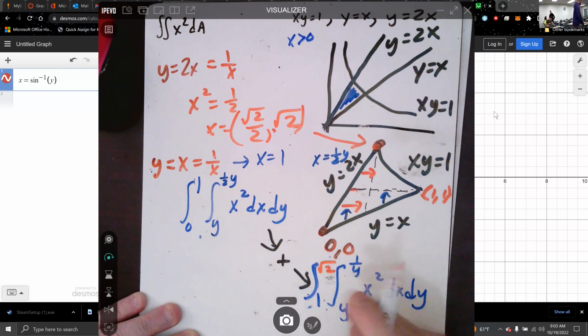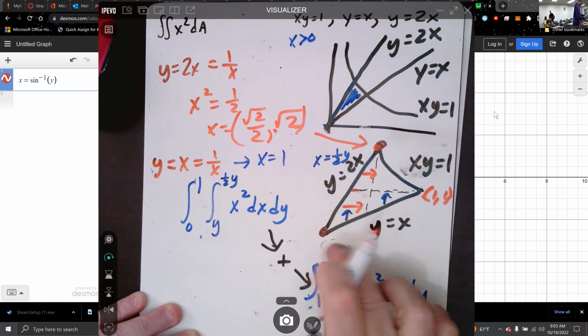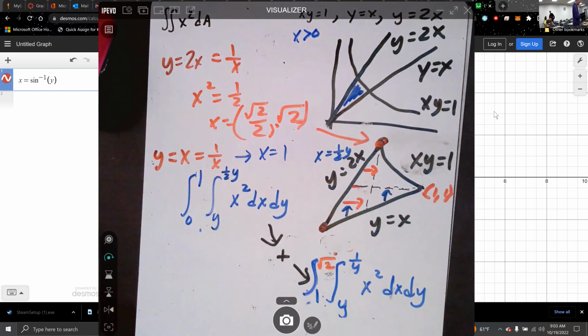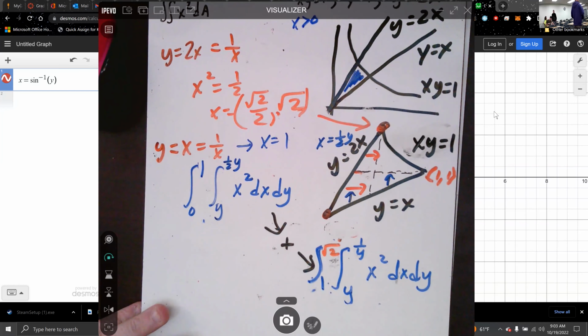In the end, this is the basis for how you do it in Calc 2, or why it works in a way. I'd say this is the expanded version of the Calc 2 method of finding the area of an enclosed space on a graph. It literally is the same thing.